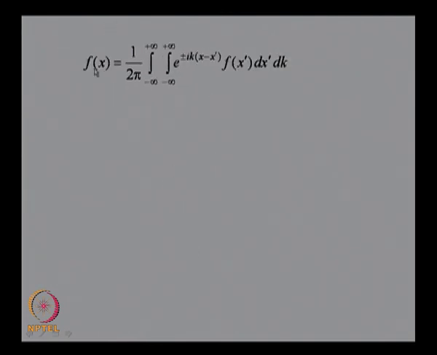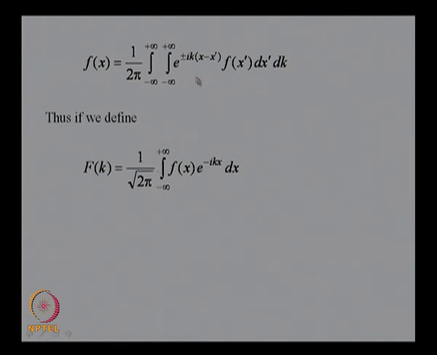So, what I have just now shown is that f of x is equal to 1 over 2 pi times the integral of e to the power of plus minus i k (x minus x prime) f of x prime dx prime dk. I now define the Fourier transform of f of x, and because of its 2 pi factor here, I split it into 2 so that the equations become symmetric, 1 over root 2 pi here.